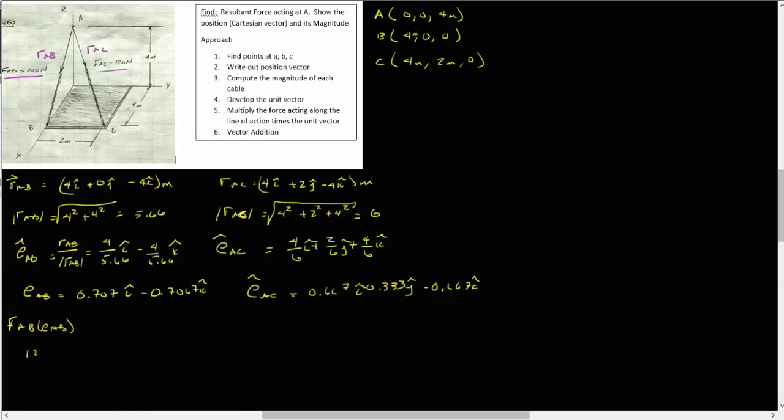That's going to be 100 newtons times 0.707 I minus 0.707 K, which FAB would then be 70.7 in the I, and minus 70.7 in the K, and those are going to be in newtons.